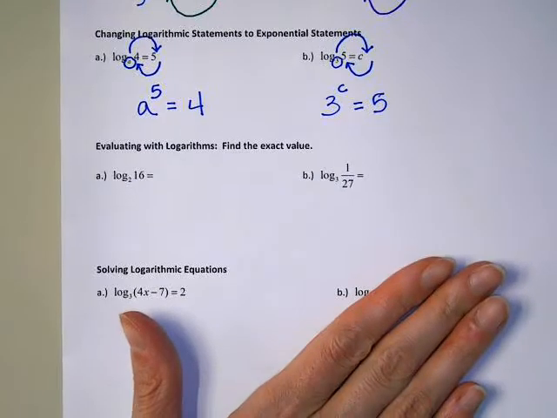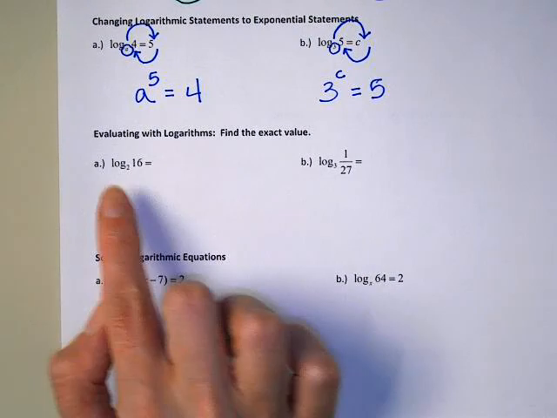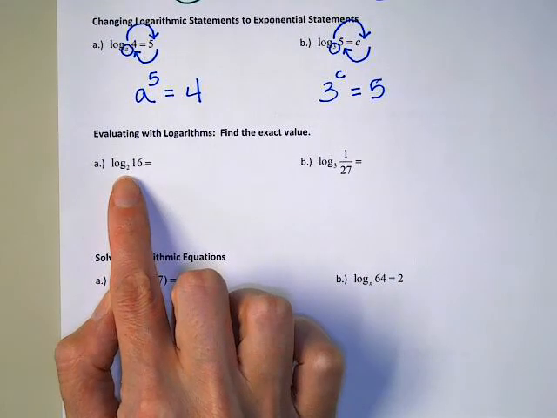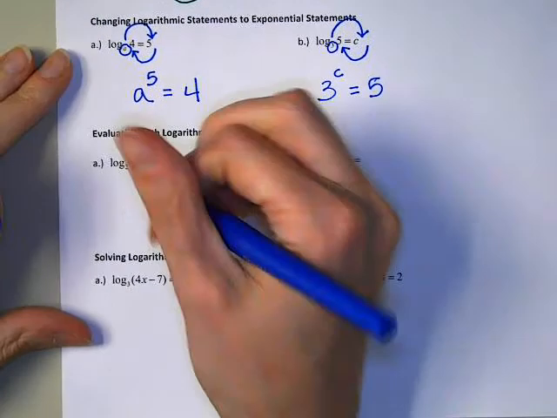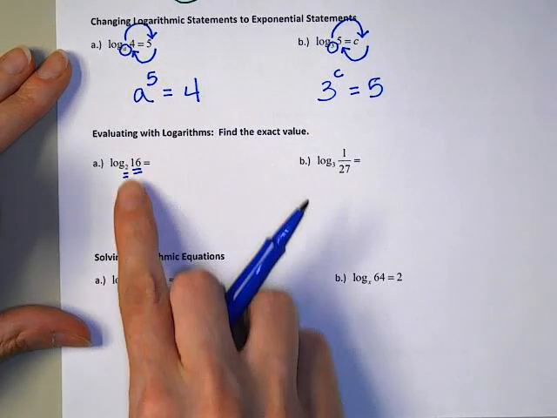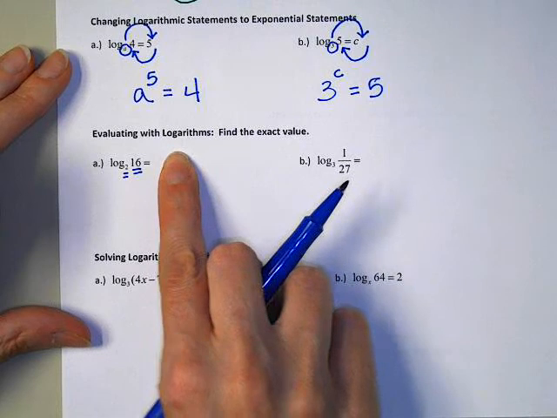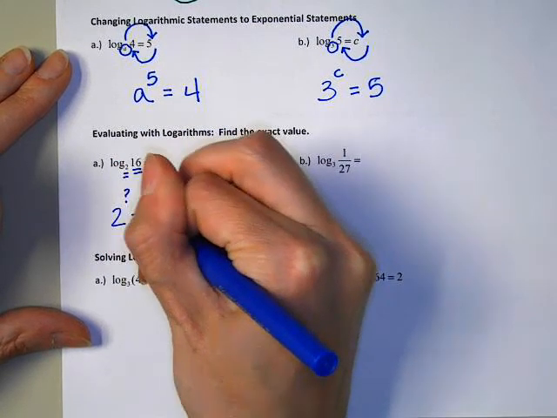Now, how do we actually evaluate them without a calculator? So if anyone ever asks you to find the log of something, you're finding the exponent that gets you from this number to this number. So it's really saying 2 to what power is 16? And what's the answer? 2 to what power is 16?